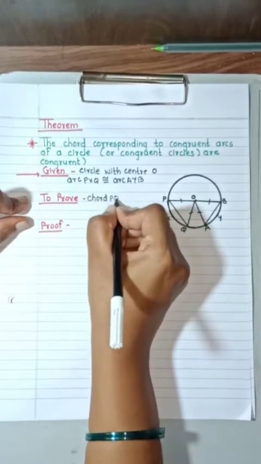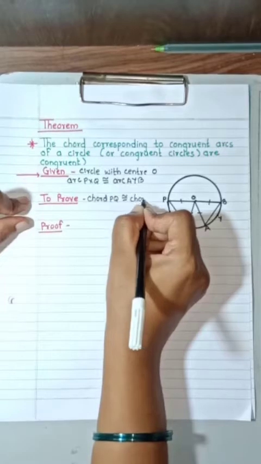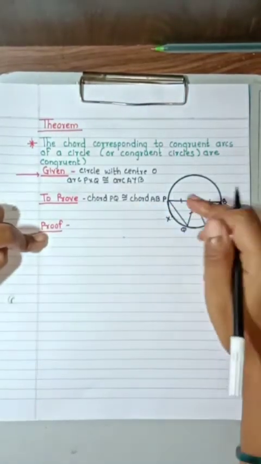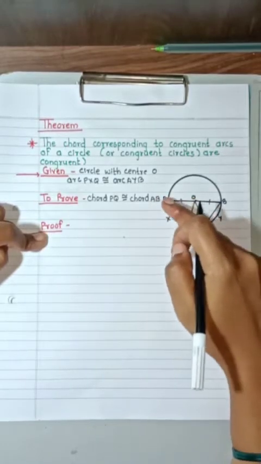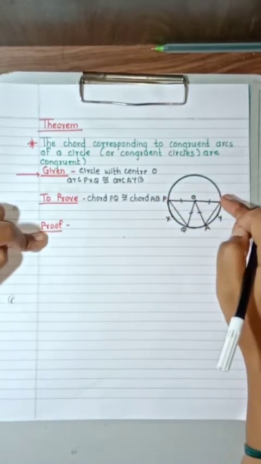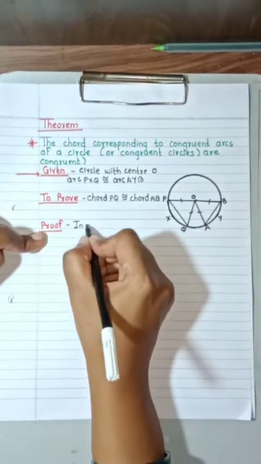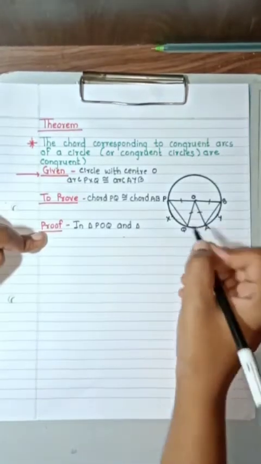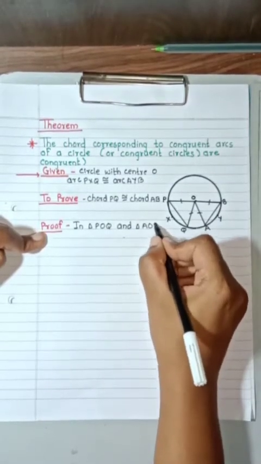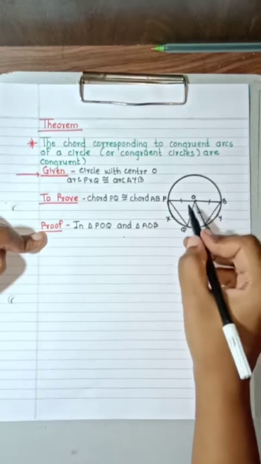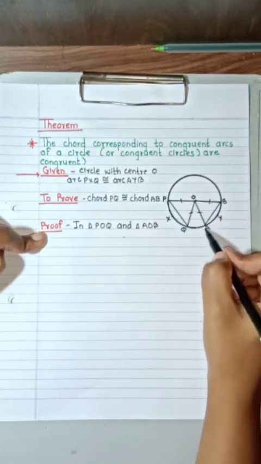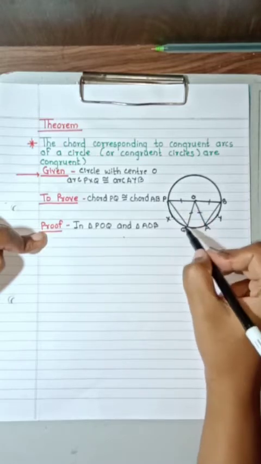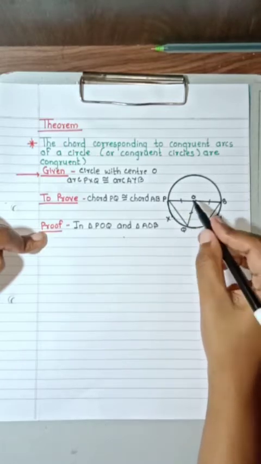Chord PQ is congruent to chord AB. Now let us consider these two triangles, that is POQ and AOB. In triangle POQ and triangle AOB, if you see, this OP is congruent to OA. They are radii of the same circle. Angle POQ is congruent to angle AOB.